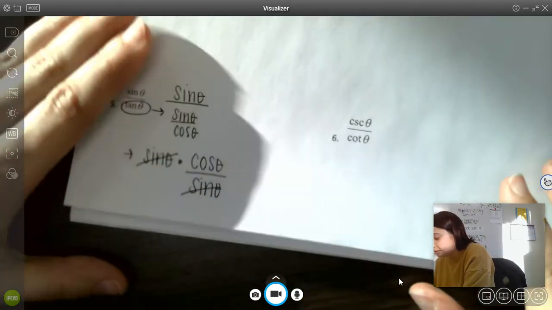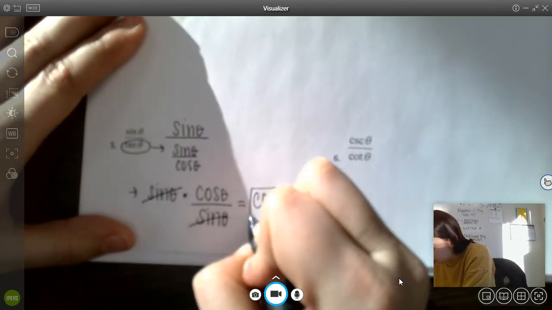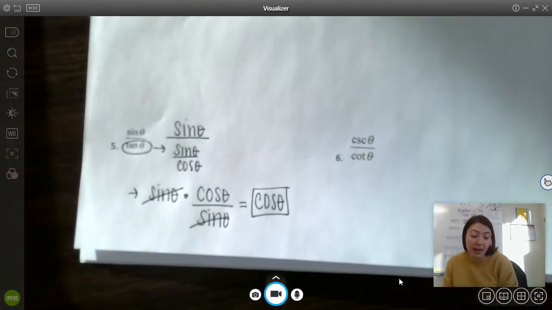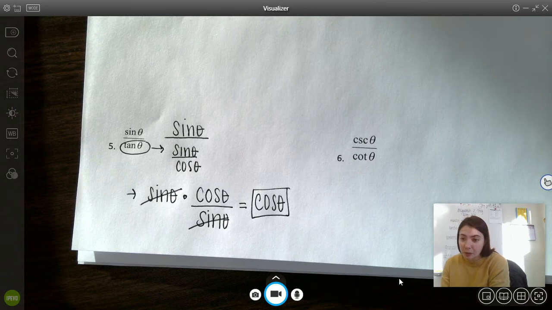And our final answer is just the cosine of theta. Like I said, these are kind of like puzzles. You have to piece apart what works and what doesn't. Sometimes you could be on the right track and then get into some type of rabbit hole and get a completely different answer than you thought you would, just because of the simplifications.